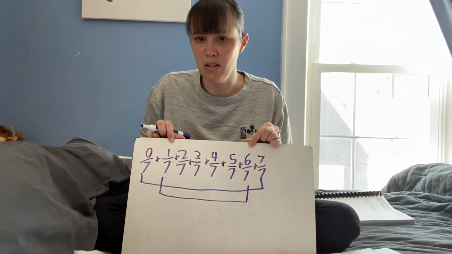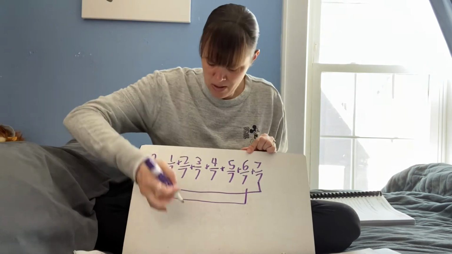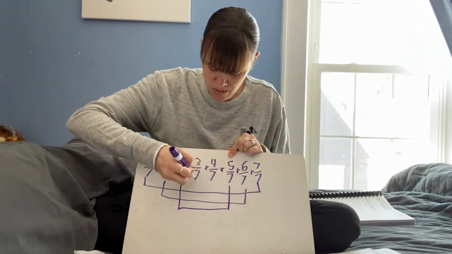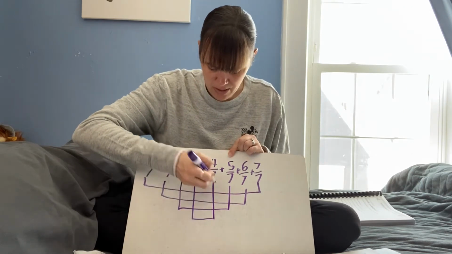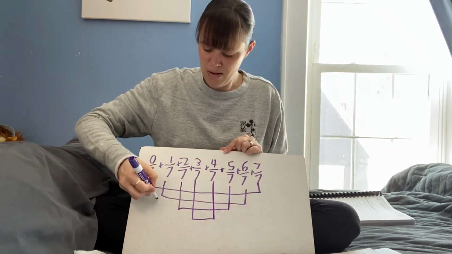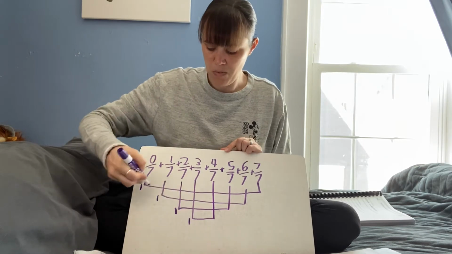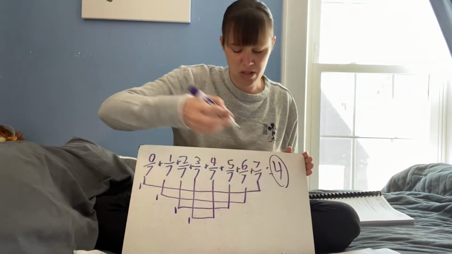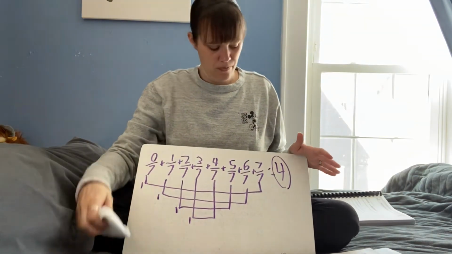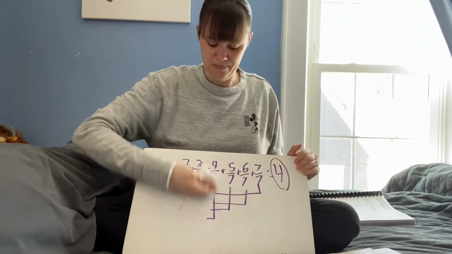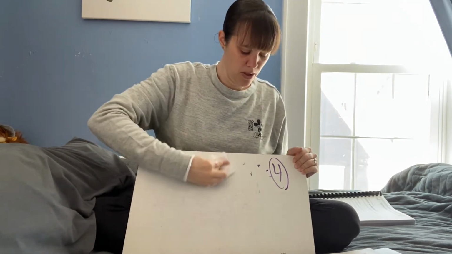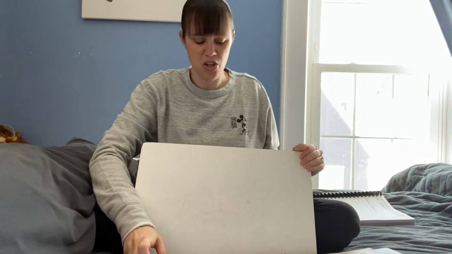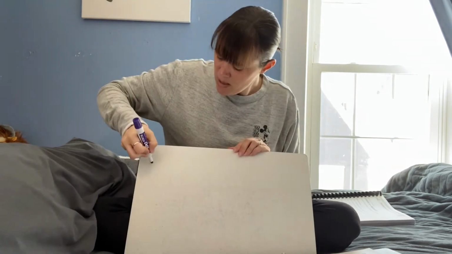Remember, you're just adding the numerators. 2/7 and 5/7 is 1 whole. 3/7 and 4/7 is 1 whole. So we have 1, 2, 3, 4. Now we're back to a whole number, 4. It seems like every other is a whole number. Have you caught on, boys and girls? Did you notice anything? Are you bursting right now to tell me?